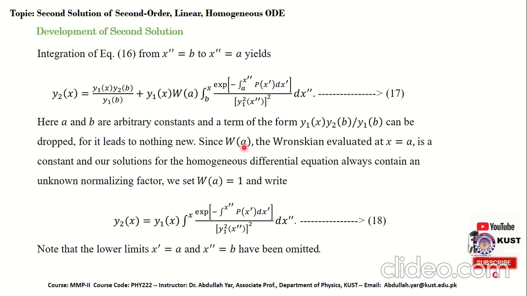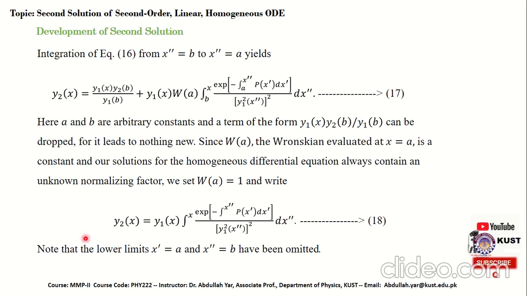Since w of a, which is the Wronskian evaluated at x equal to a, is a constant, and our solutions for the homogeneous differential equation always contain an unknown normalizing factor, that is why we can set w of a equal to 1, and consequently equation number 17 can be described as y2 of x equal to y1 of x integral over x exponential minus integral over x double prime p of x prime dx prime whole divided by y1 square x double prime whole square dx double prime.